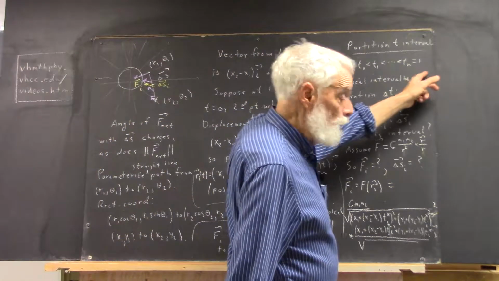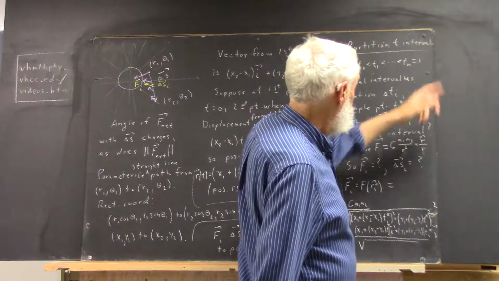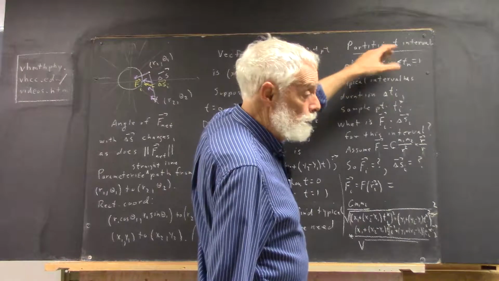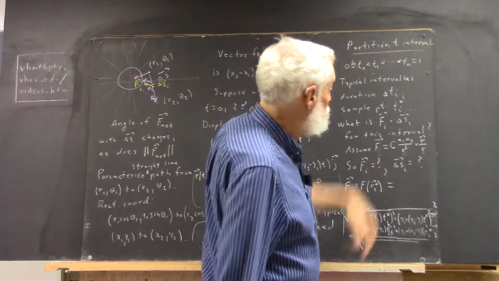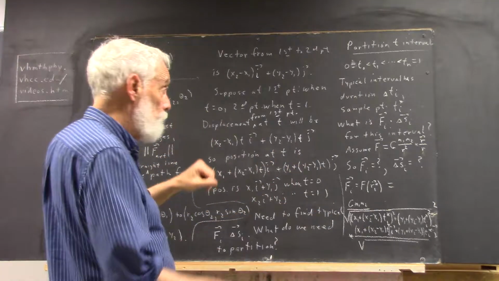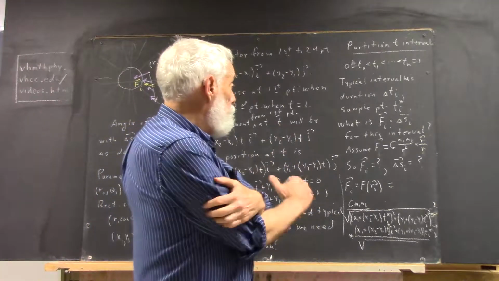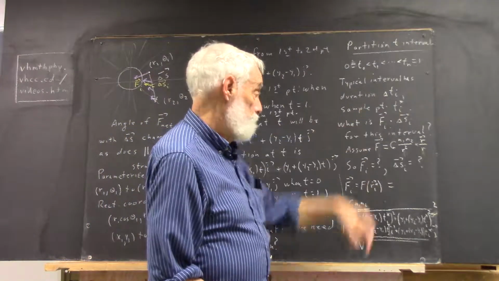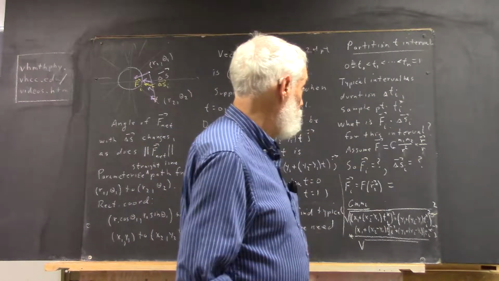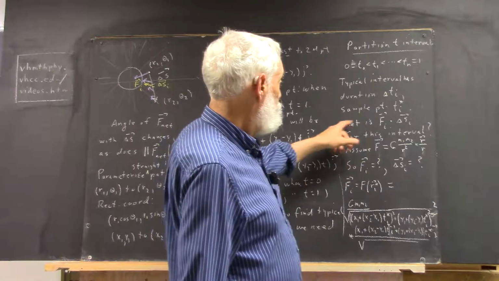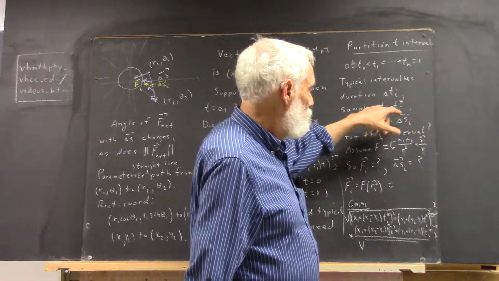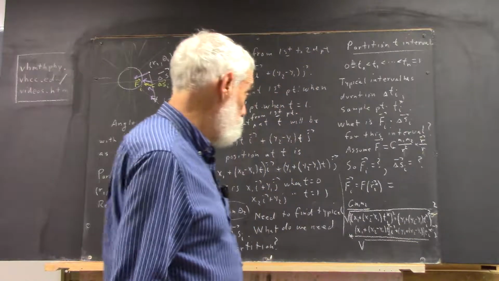I have written out the partition of the t interval: 0 equals t naught less than t1 and so on, less than tn equals 1. A typical interval has duration delta t i, and sample point t i star. So what is f i dot delta s i for this interval?